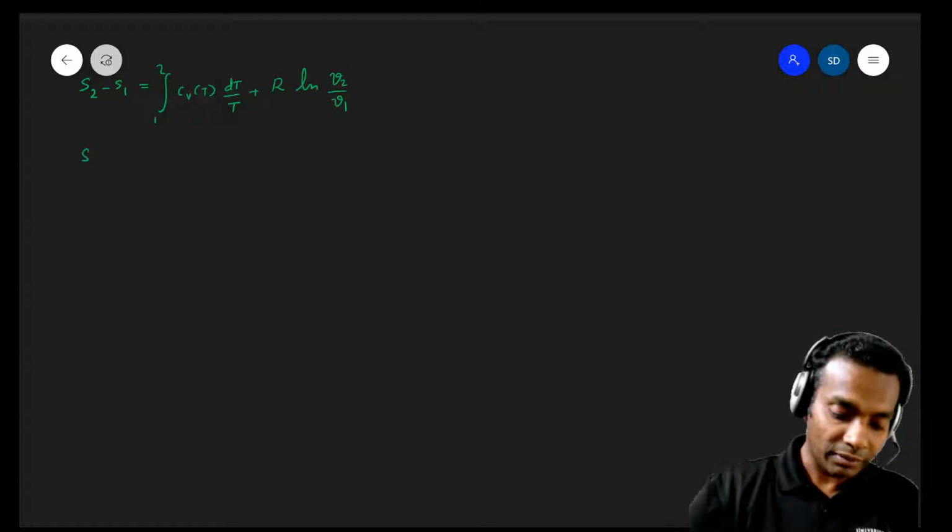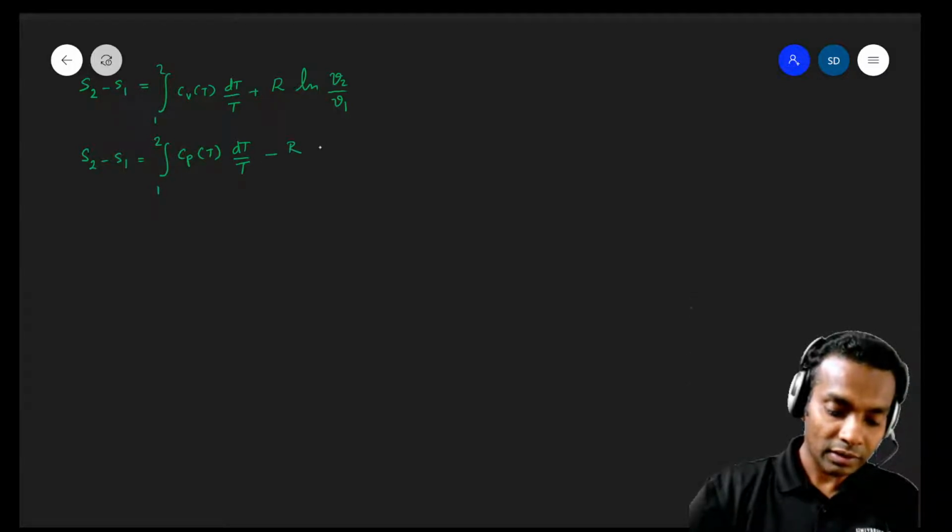The second is S2 minus S1 equal to the integral from 1 to 2 of Cp of T dT over T, minus R natural log of P2 over P1.